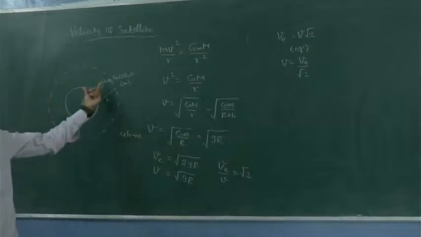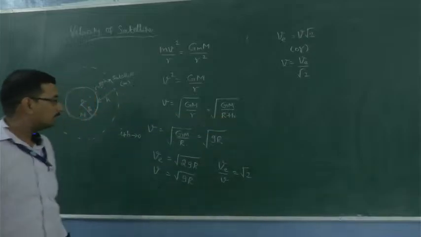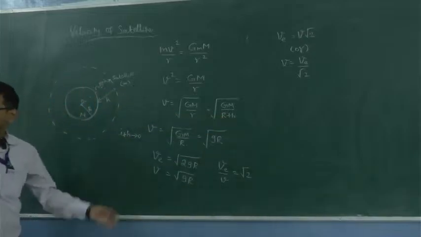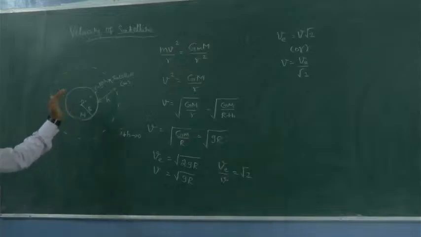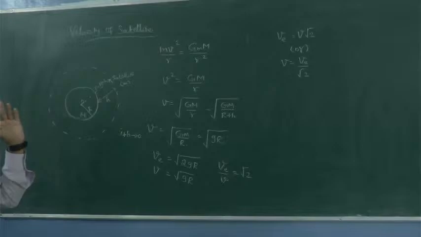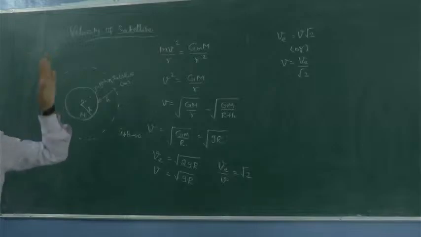Again this small r can be replaced by R plus h. If any satellite revolves very close to the Earth surface, we know very well the radius of Earth is 6,400 km, and very close means around 400 km.